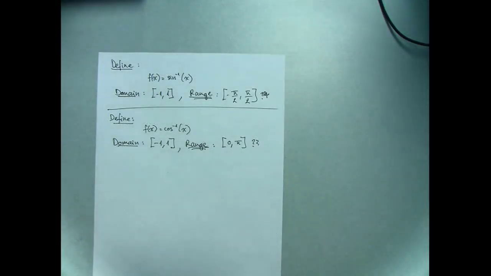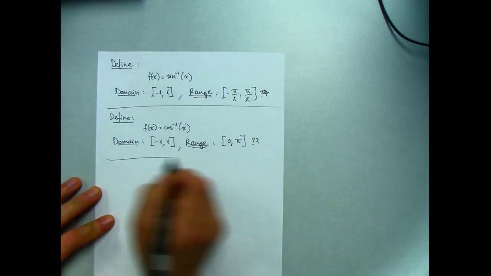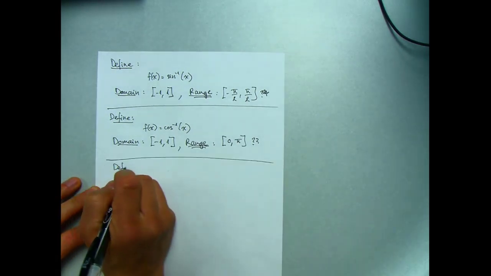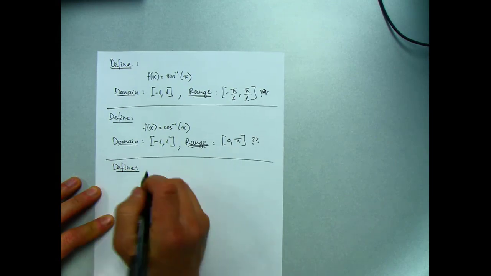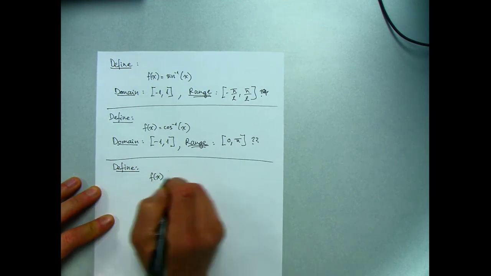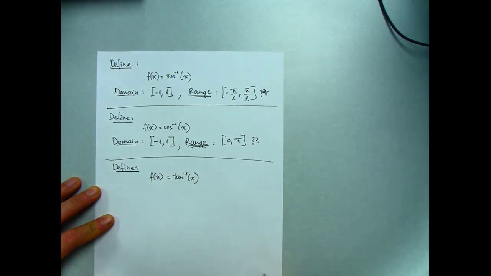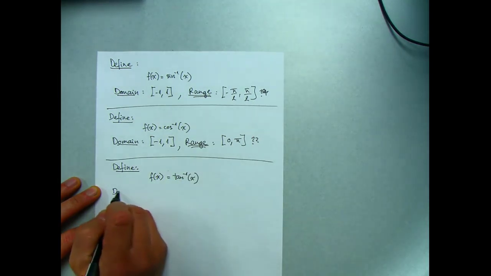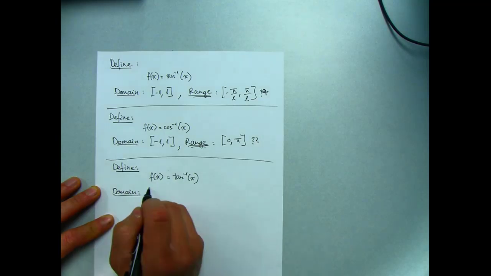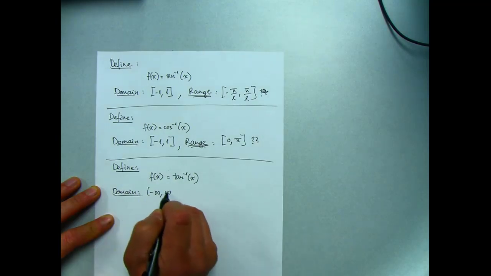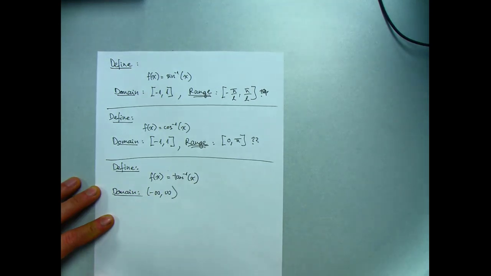So the last piece of information. We wrote that definition earlier, right? Now when we define that function to be the arctangent or tangent inverse of x, the domain we have agreed previously is anywhere on the real line, between minus infinity and infinity.